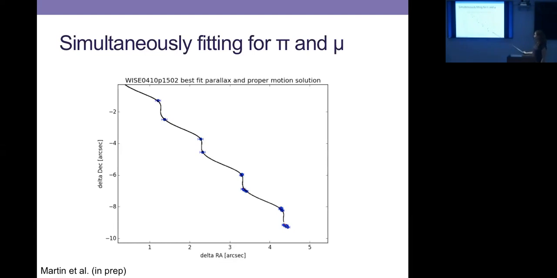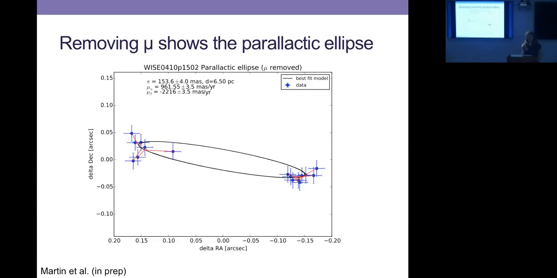There are tiny little red lines that represent the time distance between the observation and where the object would have been on that curve. So if we pull out proper motion, then you end up with a parallactic ellipse where you've got delta declination and delta RA here.